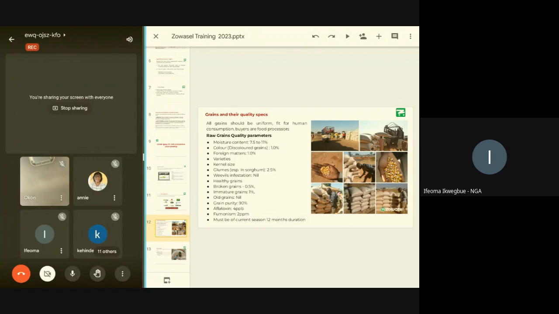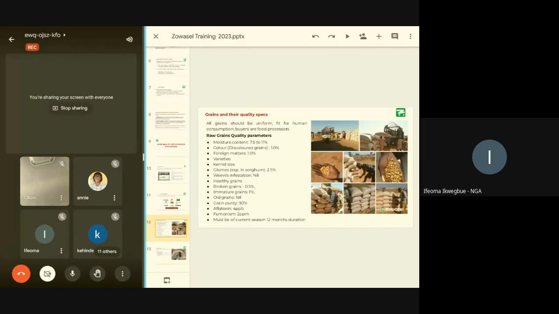Now, I've highlighted some raw grain quality parameters that should be taken note of when supplying. We have the moisture content, which is one of the very important parameters while supplying grains.